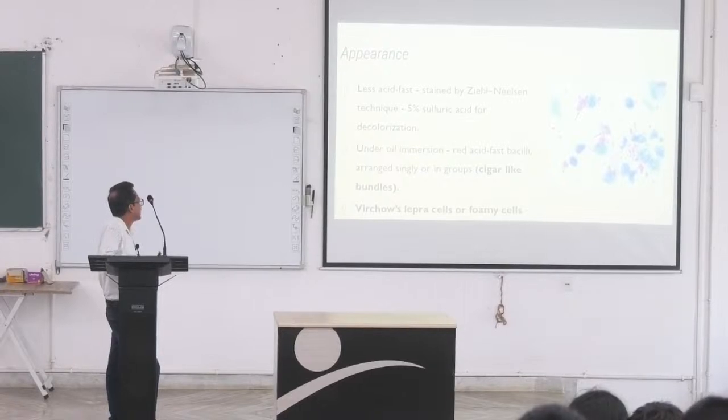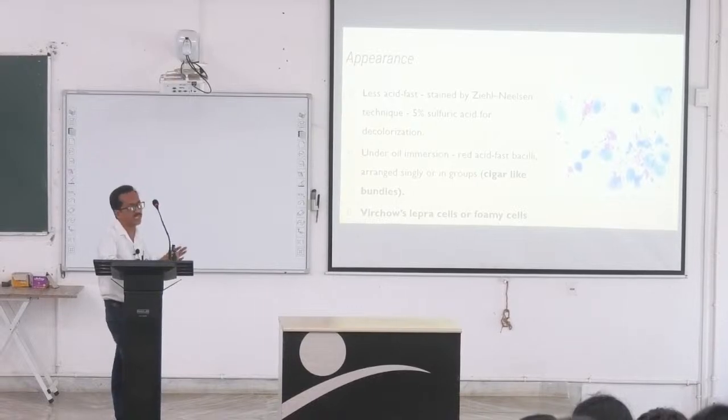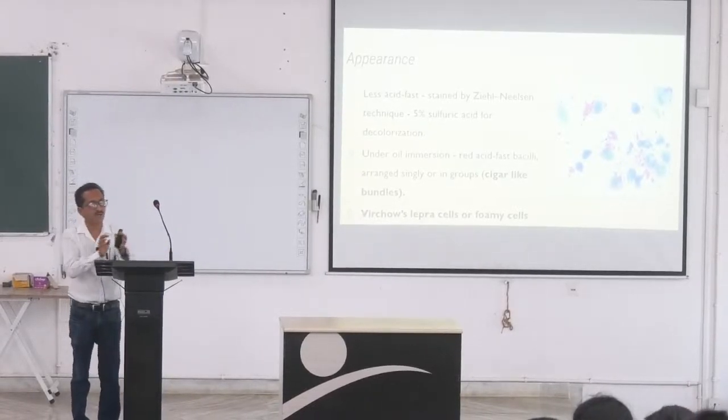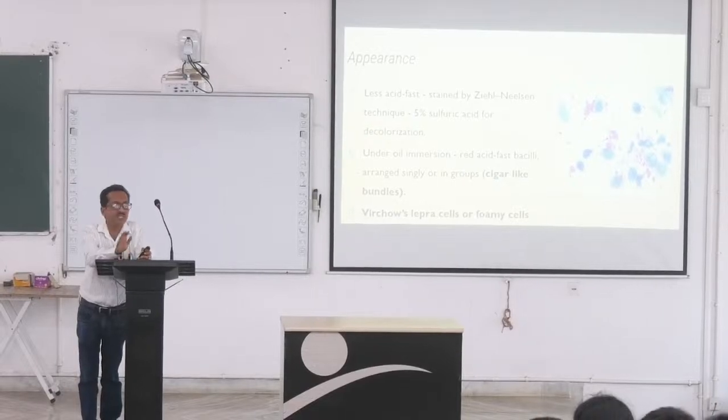So, less acid fast: it is the Ziehl-Neelsen technique with 5% sulfuric acid. Now, if you see it in the microscope, how will you differentiate whether it is a sputum smear or a slit skin smear if it is not told?